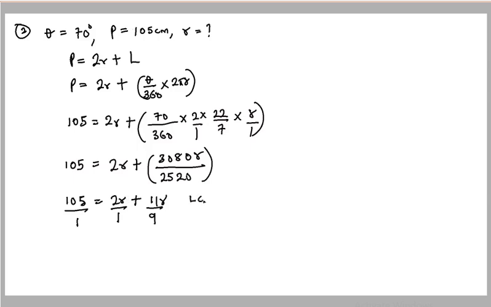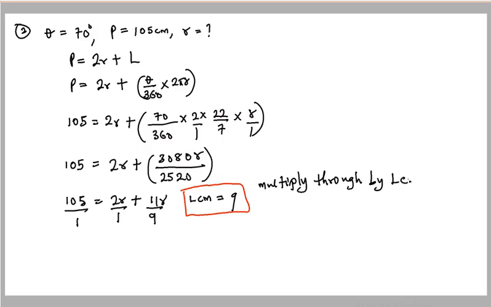The LCM is just 9. So I will now multiply everything through by the LCM, which is 9.